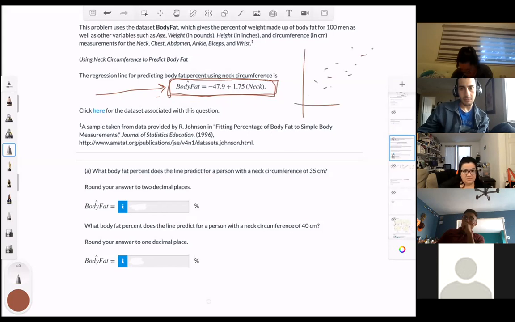And then they made a line through it. This is the equation of the line. Then we can predict any point on our data sets. This equation of a line, which is a plus bx or mx plus b, we have it. So we have a formula. So now, what is the body fat for 35?